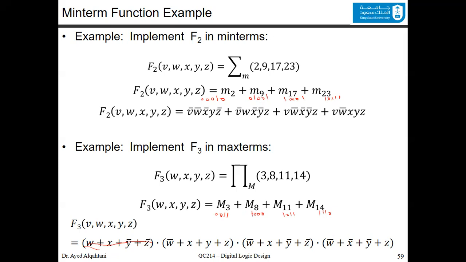Here you will have W bar or X or Y or Z. And here you will have W bar or X or Y bar or Z bar. And the last one will be W bar or X bar or Y bar or Z. Once you find the max terms, you AND them together. So this is the product of max terms.